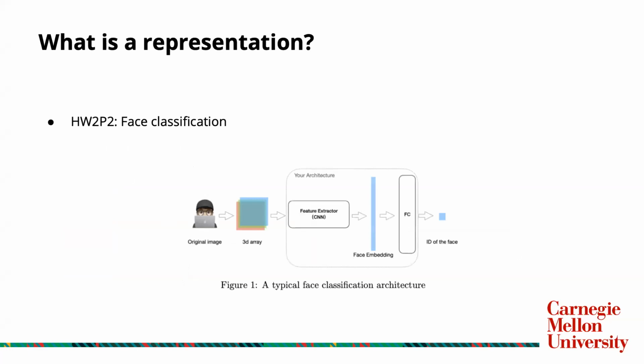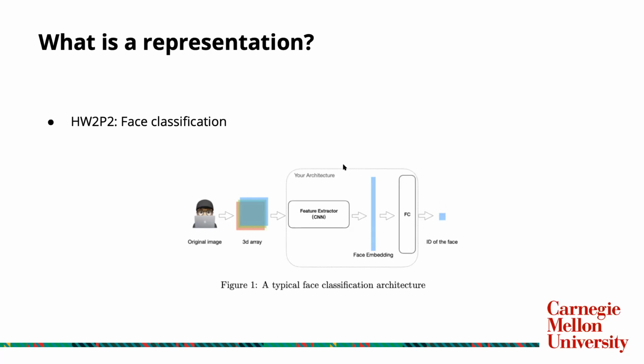We also saw this in homework 2, part 2, where the task was face classification, where you were given an original image, which was a 3D array with RGB channels, passed it through a convolutional neural network, which was a feature extractor, and ended up with a face embedding. You then passed this face embedding through a fully connected layer and ended up with, again, an ID of the face, which is a classification objective.